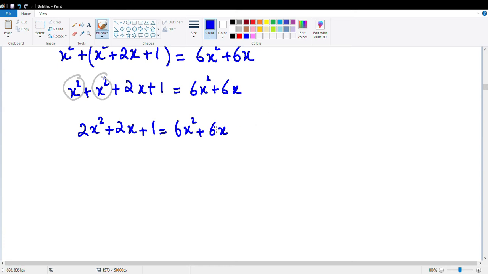So 6x squared is actually the biggest term over here right now. That means we have to move all the other terms to the side that 6x squared is on, at least the side where it is positive. So now we're going to move all these to the other side.